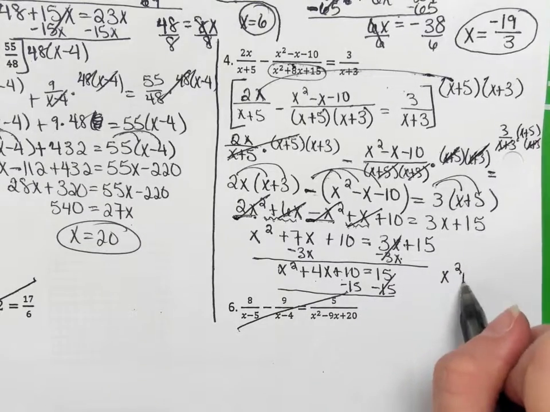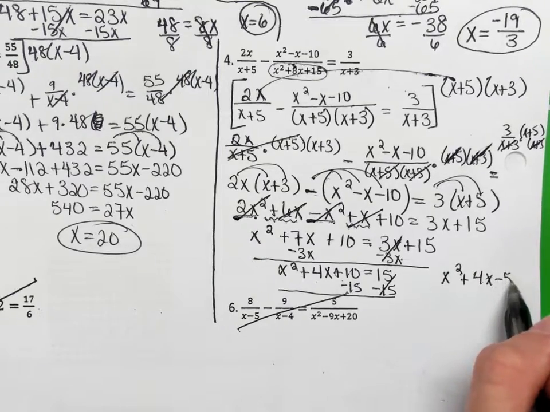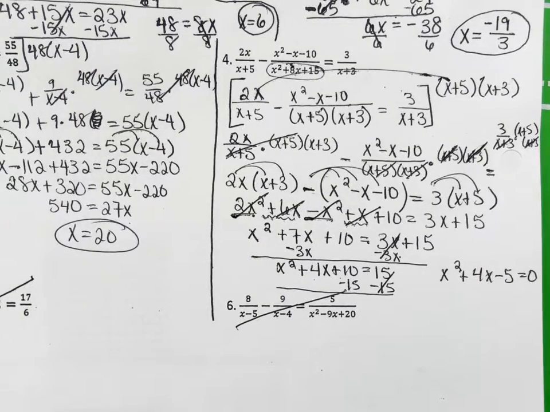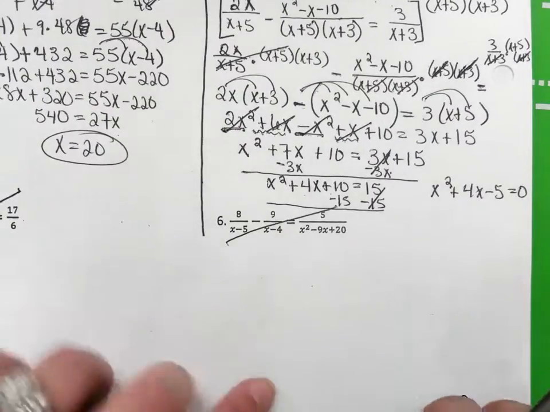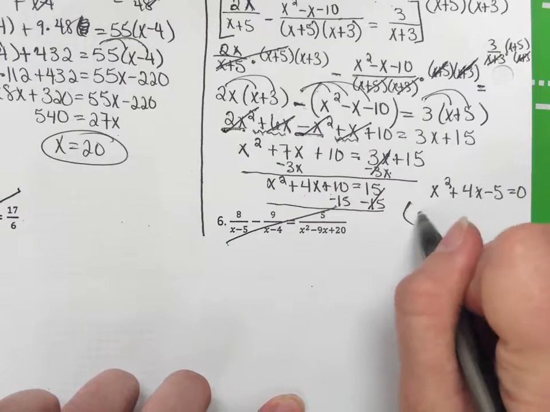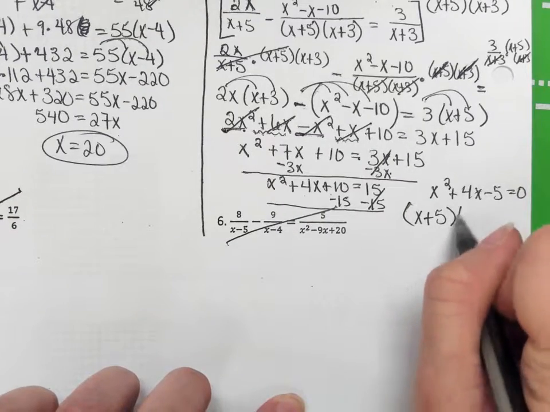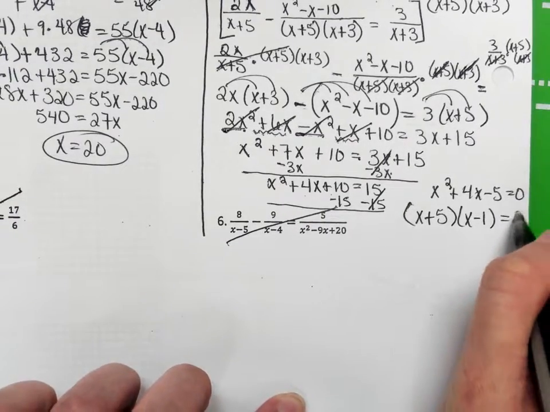So x squared plus 4x minus 5 equals 0. And now you got to factor. What's the factors of negative 5 that add or subtract to be positive 4? Positive 5 and negative 1. Very good.